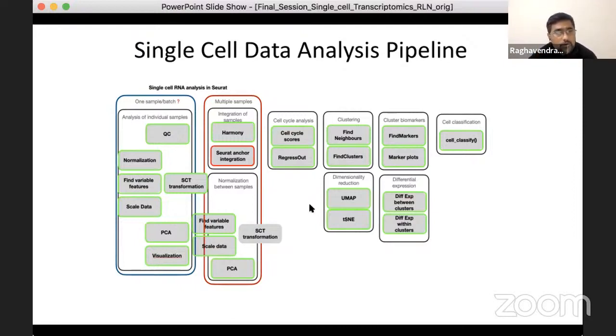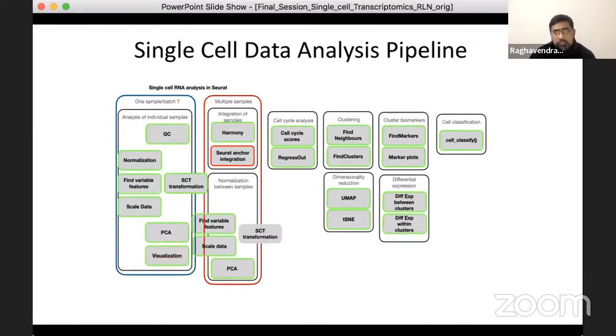And then we remove batch effects using Harmony, and then we continue to cluster cell types by finding neighbors and finding clusters and patterns within the expression patterns. And then we also perform nonlinear dimensionality reduction using UMAP and t-SNE, and that will help us identify clusters in the low dimensional space, or the reduced dimensional space.